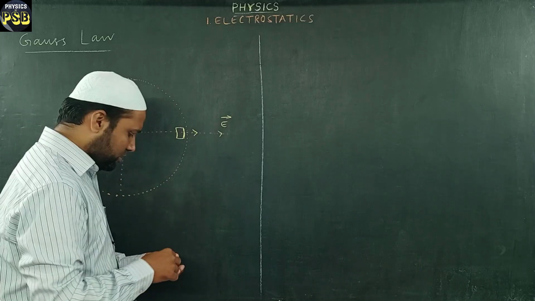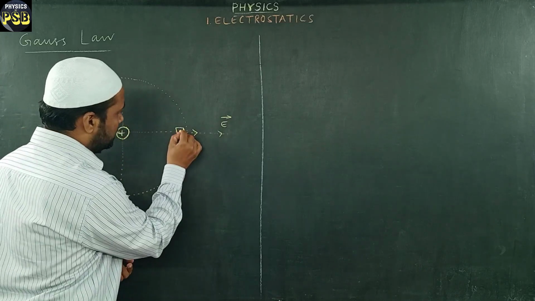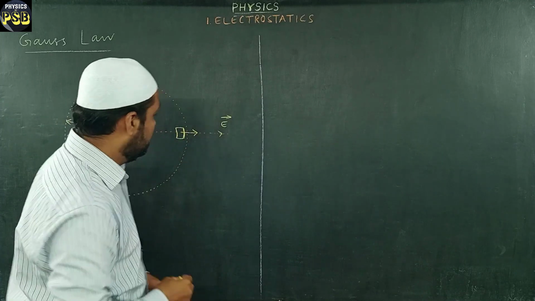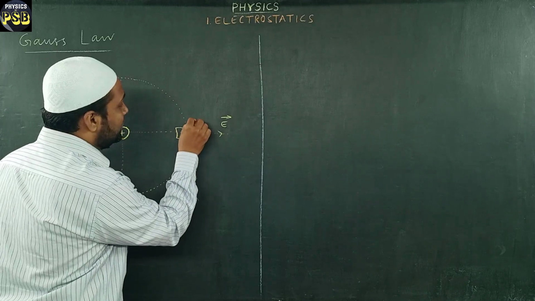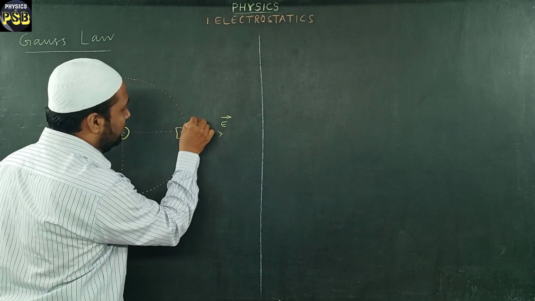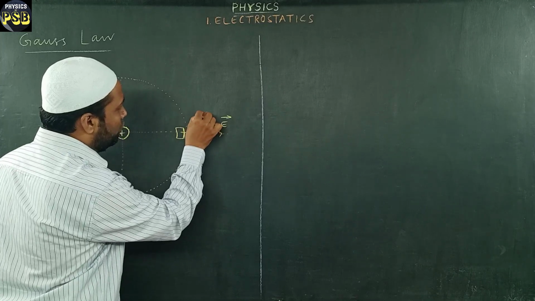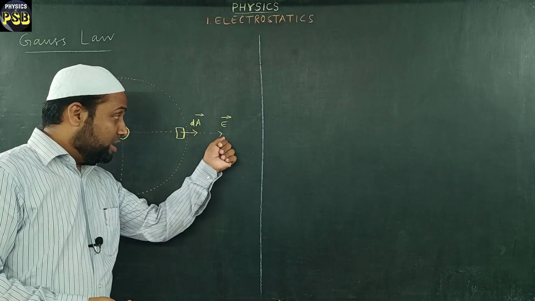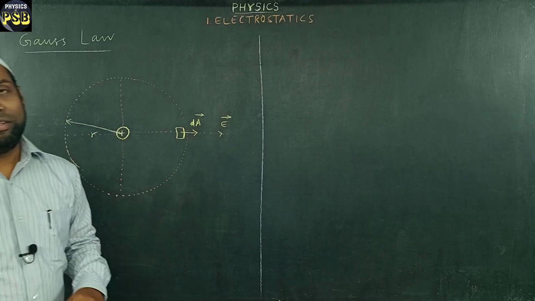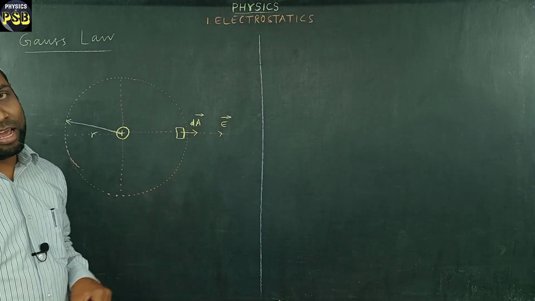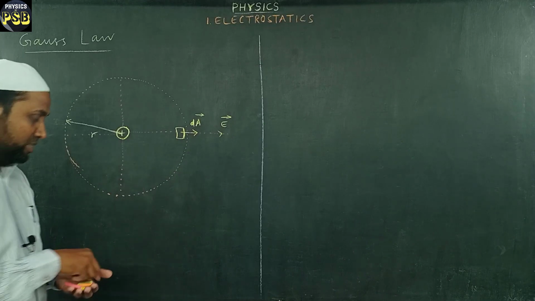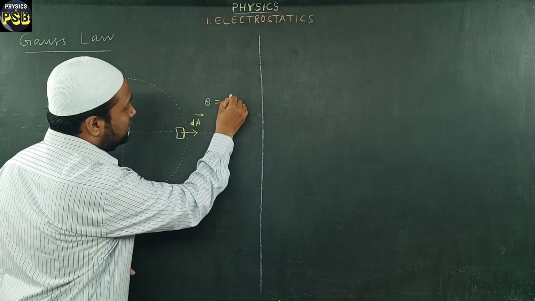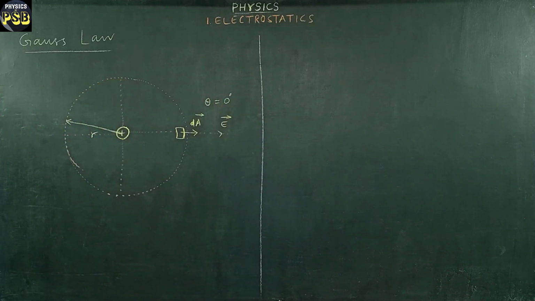Now, if you look at this carefully, a perpendicular line drawn to this area gives us the direction of this area element, that is the dA vector. From the diagram, the angle between the electric field and the direction of the area element is taken as theta, and it is nothing but 0 degrees. So the angle between them is 0.